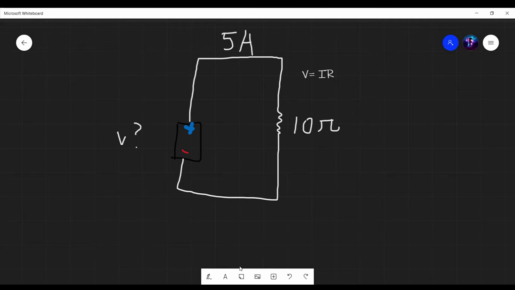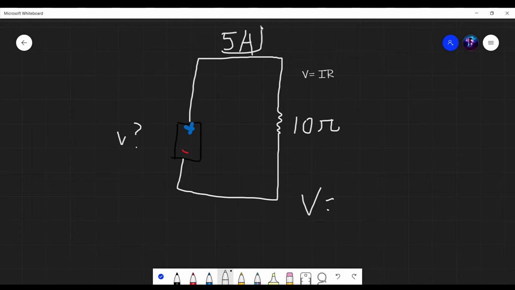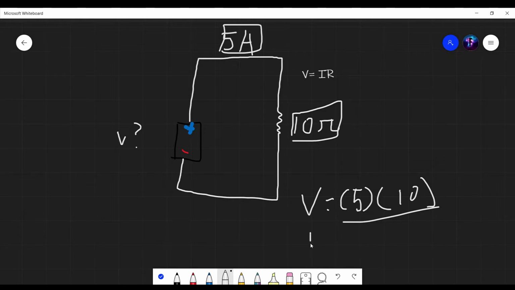So finding V, I would equal, remember I is current, so it's this one. So 5 times the resistance, which is this, 10 ohms, times 10. And I'm pretty sure you know what 5 times 10 is. 5 times 10 is 50, so you would write 50 volts. So right here, this is a 50 volt battery.